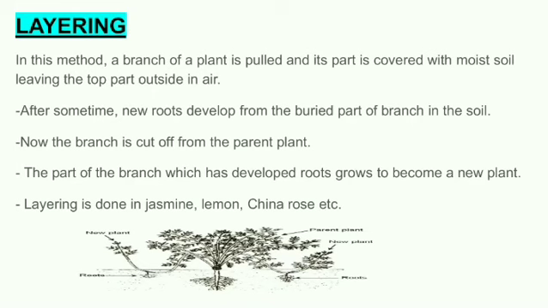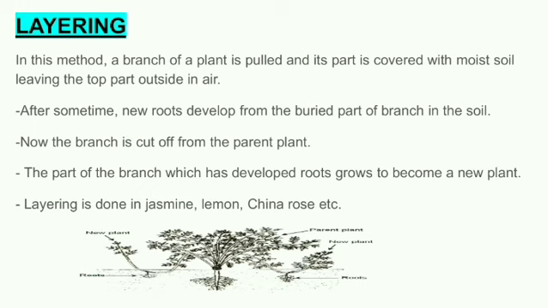The third method is layering. In this method, a branch of a plant is pulled and its part is covered with moist soil, leaving the top part outside in the air.